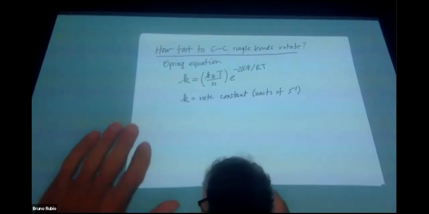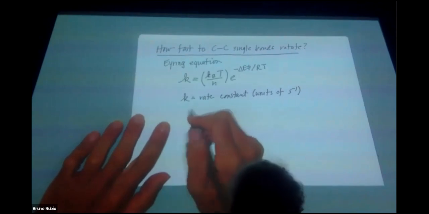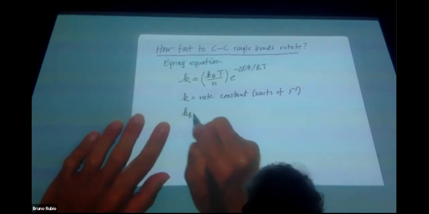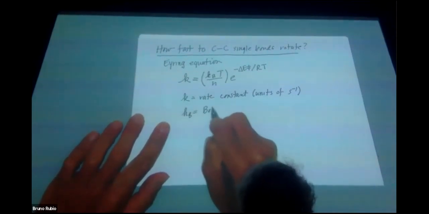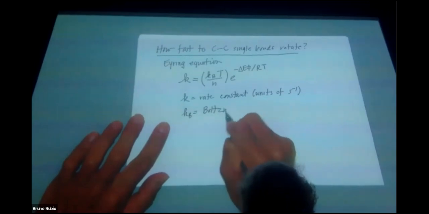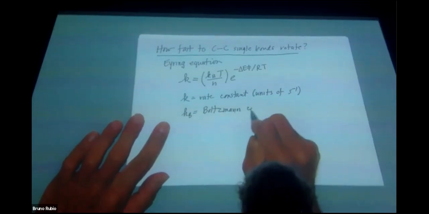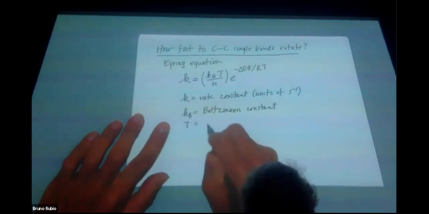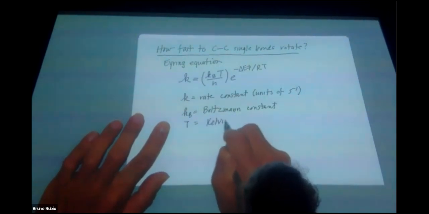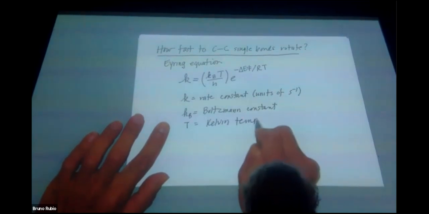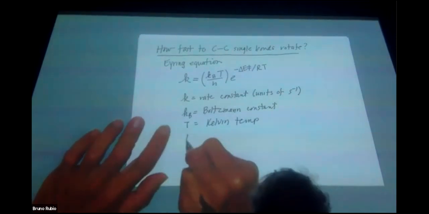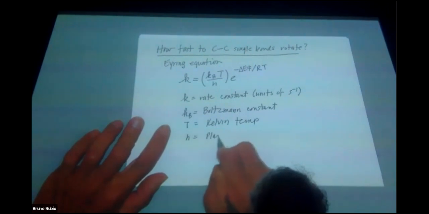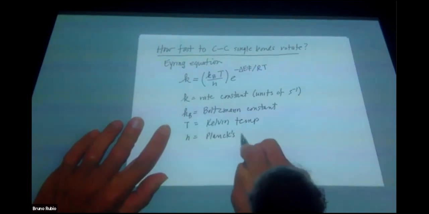So that's a rate constant, units of per second. k_B is the Boltzmann constant. Remember him from Gen Chem? T is the Kelvin temperature. h is Planck's constant.